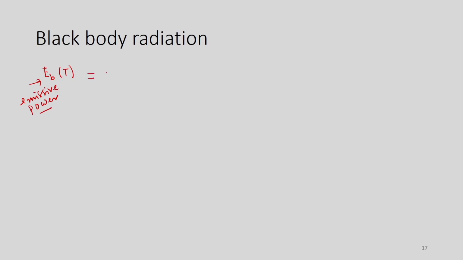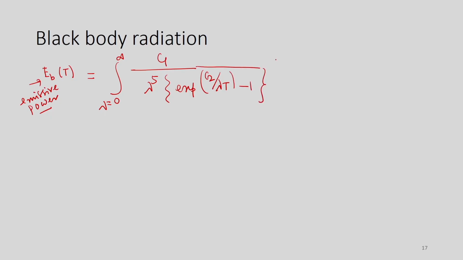So, if I am interested to find out this emissive power, we will integrate equation 1 from lambda 0 to infinity, and this equation was something like this: lambda to the power of 5, then we have exponential C2 by lambda T, then minus 1, d lambda.